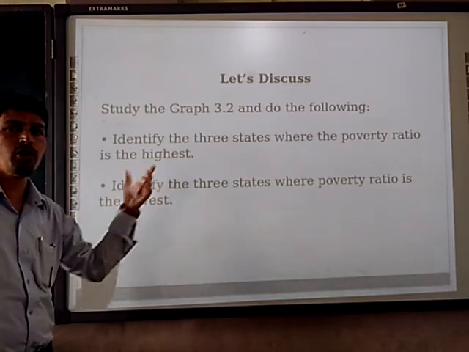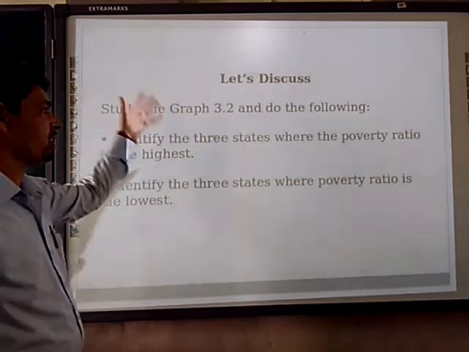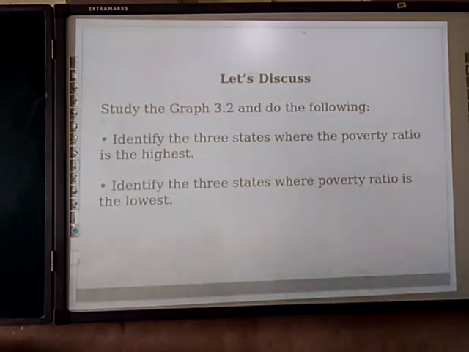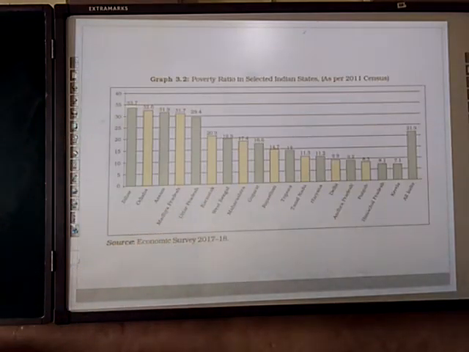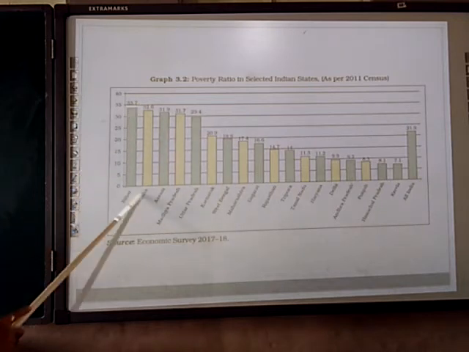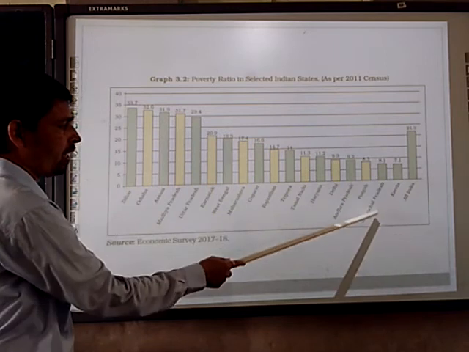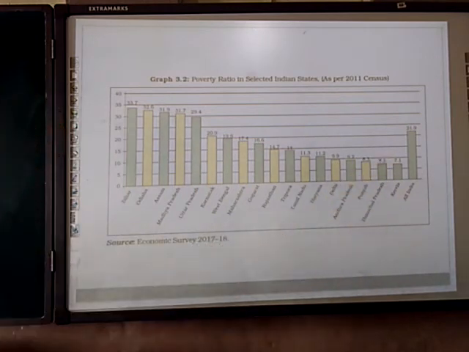By seeing this graph, the highest are Bihar, Odisha and Assam, and the lowest are Kerala, Himachal Pradesh and Punjab.